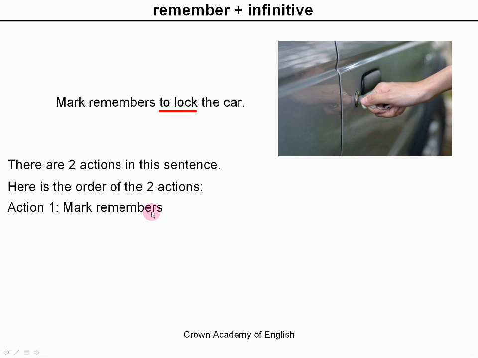So here, Mark is thinking. Okay, there is a thought. And then after action 2, then Mark locks the car. So he remembers first, he thinks first, and then he locks the car.